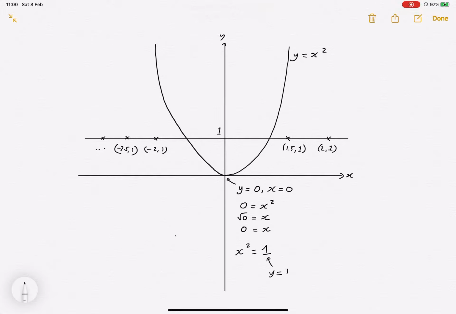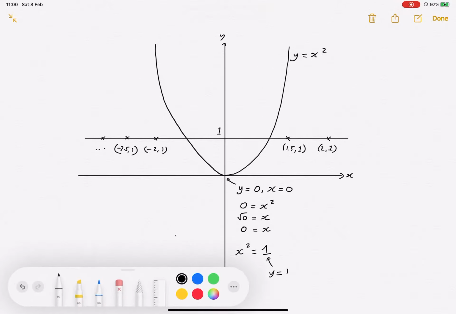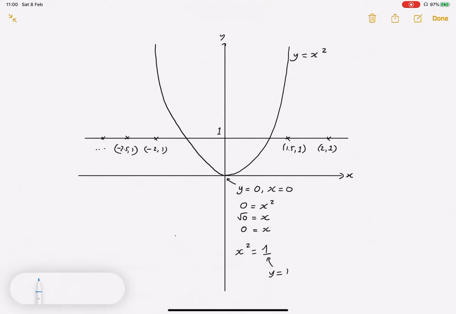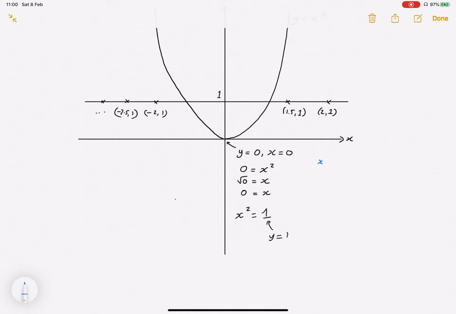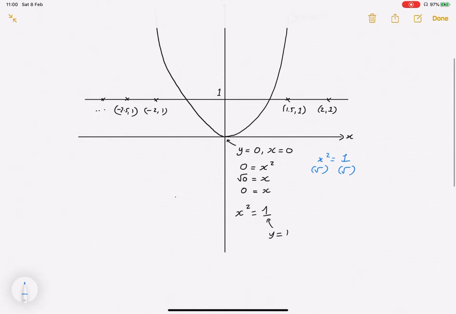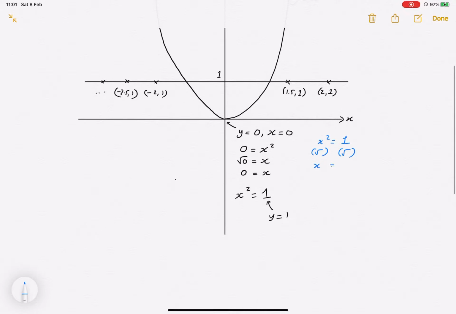Now, where x squared equals 1, we can, if we want, solve this algebraically. Let's just do that real quickly because it's nice and straightforward. If I've got x squared equals 1, then I take the square root of both sides, and I get x equals the square root of 1.